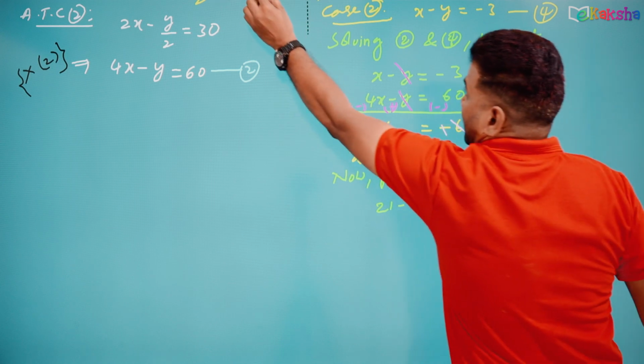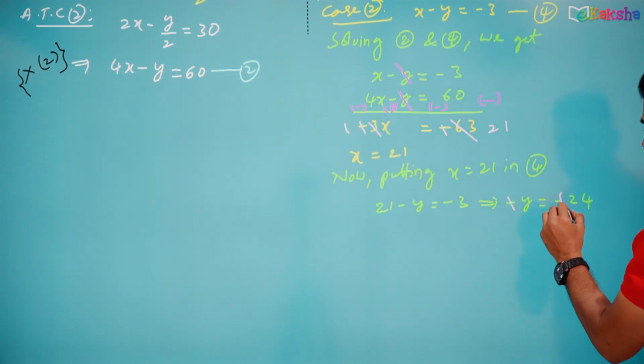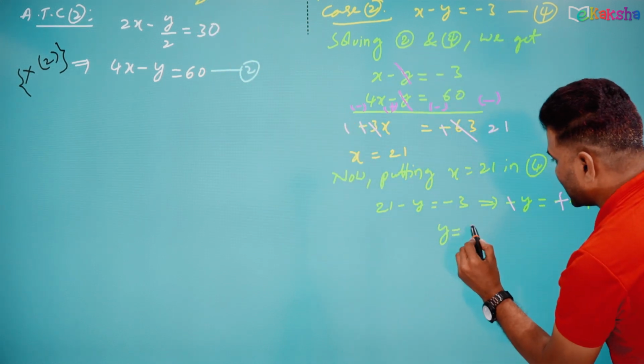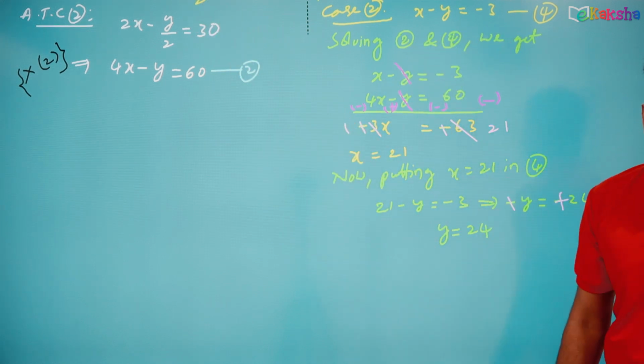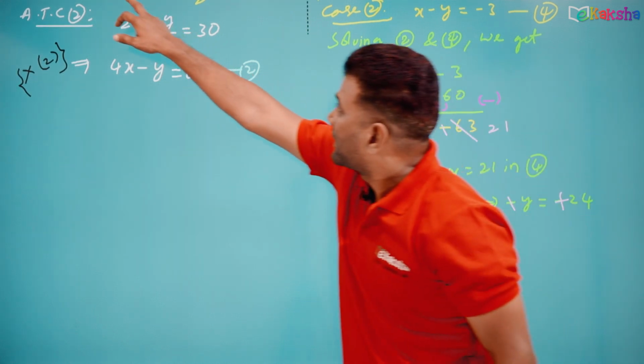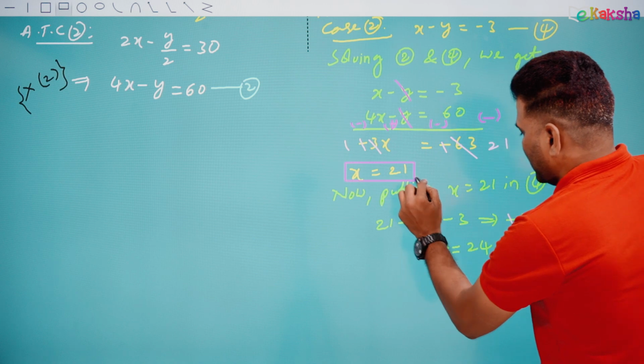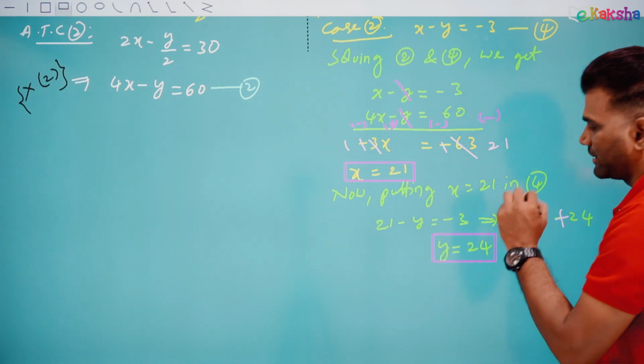Both sides we can cancel negative. Then here we have got y is equal to 24. We have got both the values x and y. So x is equal to 21 and y is equal to 24.